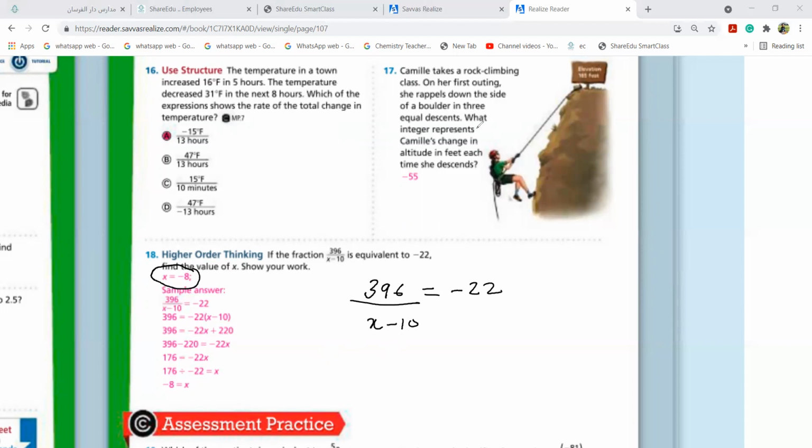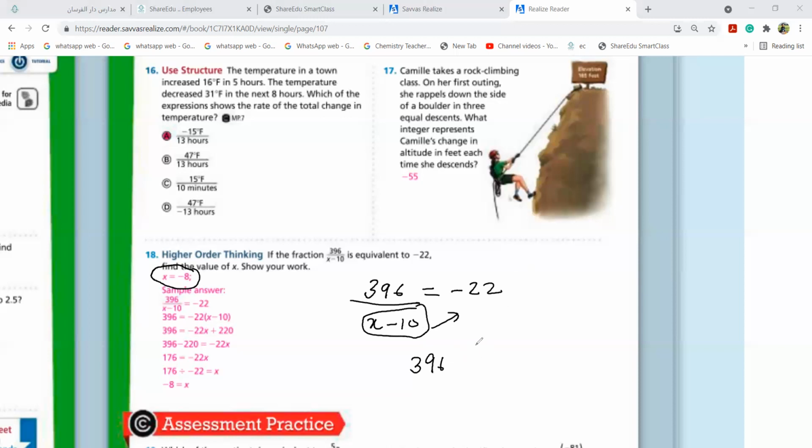Look at this very carefully. It's okay if you don't get it, okay? When I want to find x, the division becomes multiplication when it goes to the other side. This is the rule which you will study in grade 7 algebra.